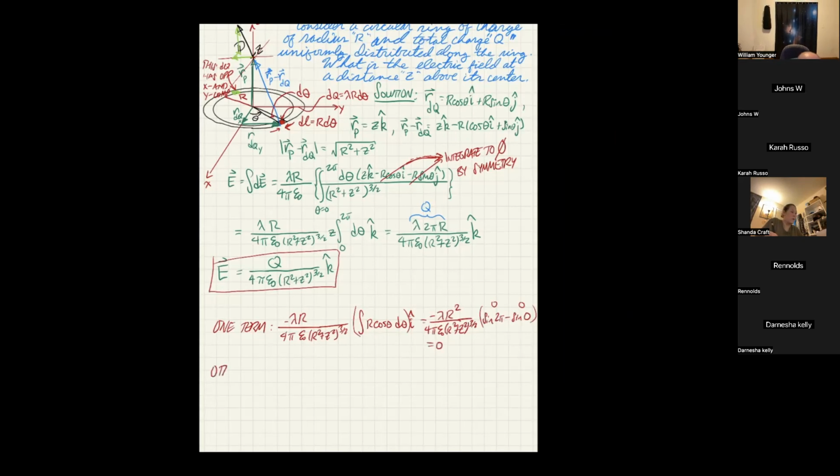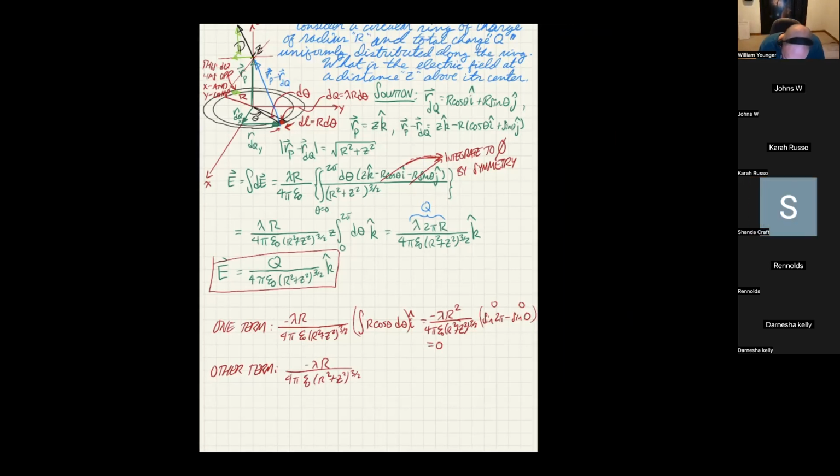The other term is going to be more or less the same thing. We're going to have a lambda r over 4 pi epsilon naught r squared plus z squared to the 3/2 power. That one's also going to have a negative, so I'll pull that here. That's also going to have an r out front, so I will say integral r sine theta d theta.